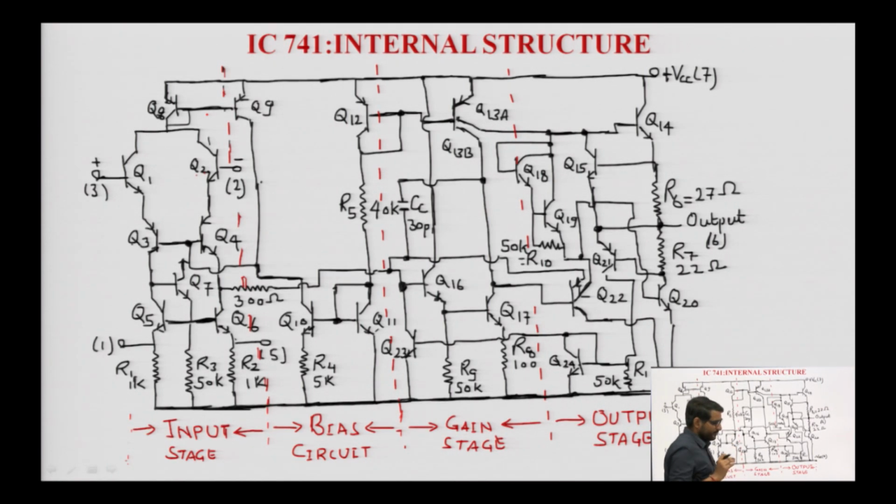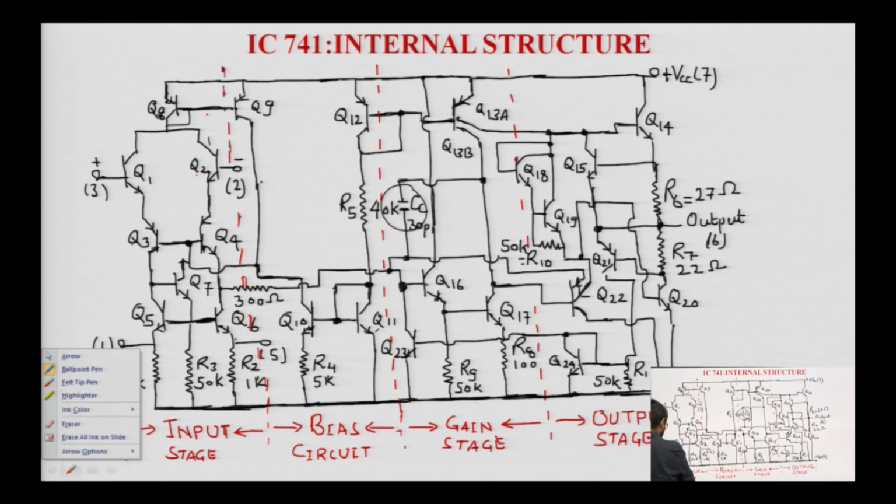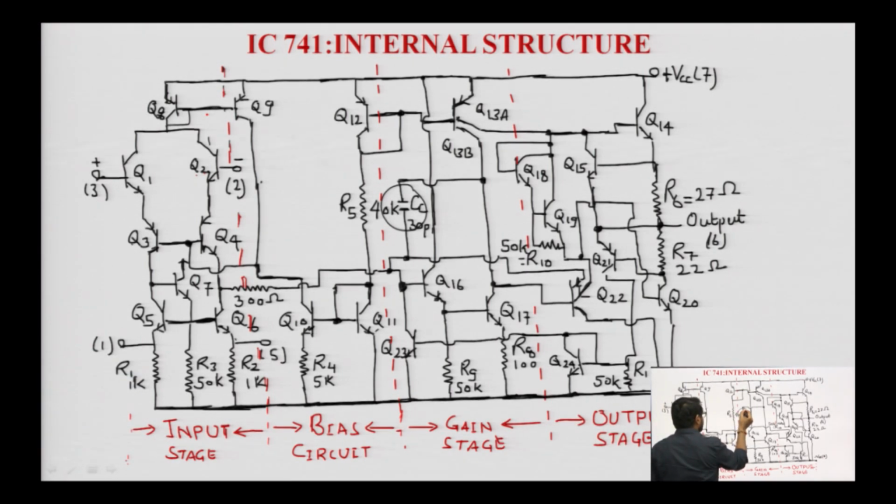We cover one by one all transistors from Q1 to Q24. There are 24 transistors in the internal circuitry of IC 741, almost 11 resistors from R1 to R11, and one more element, which is CC, and CC is basically used for frequency compensation.